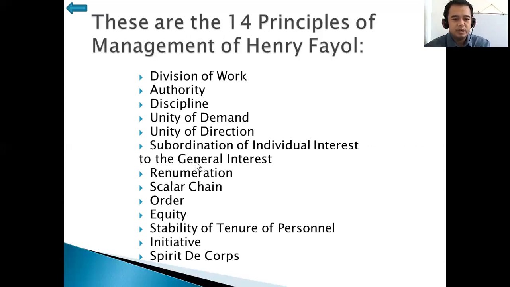The other one, subordination of individual interests to general interest. The crab mentality also happens, politics inside the business. Because you wanted to be promoted, you are turning down other employees because of your individual interest.